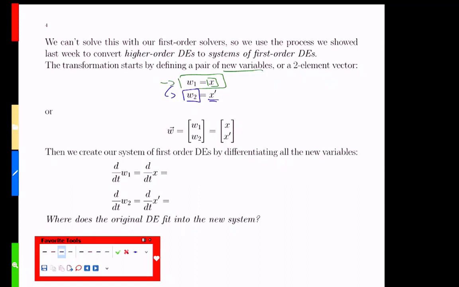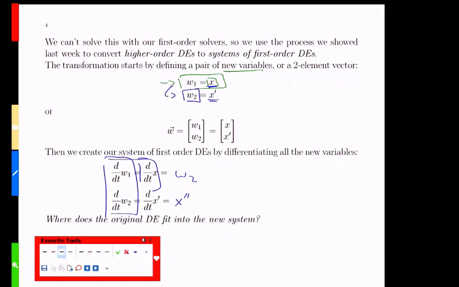To make the rest of the system, we look at the derivative of each of those and say, hey, what would I get if I differentiated W1? Well, I'd get the derivative of x, which is x prime, but x prime is the actual W2. So the derivative of the first one is the second one.